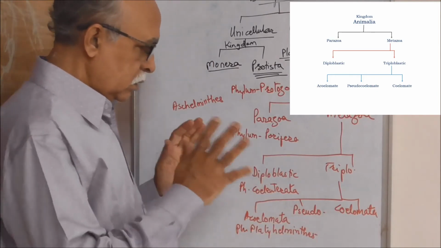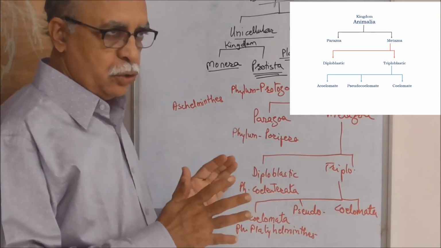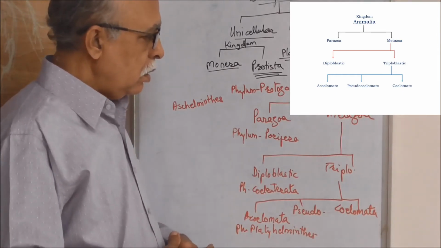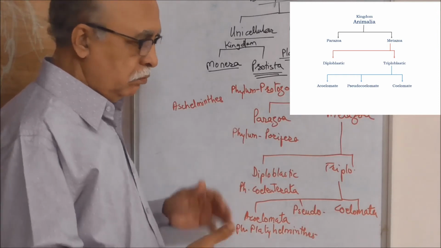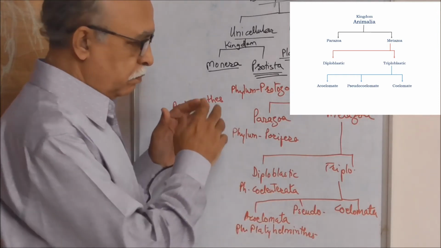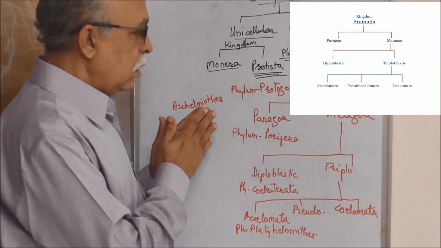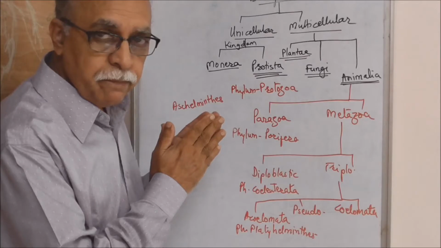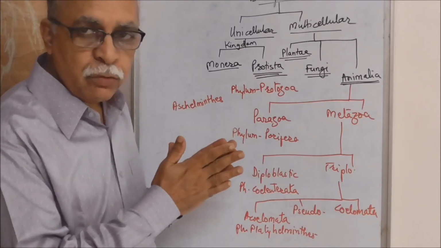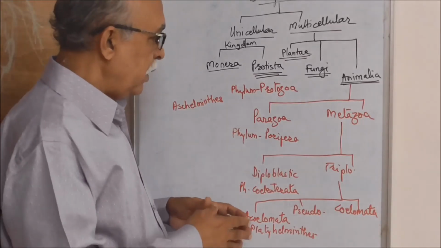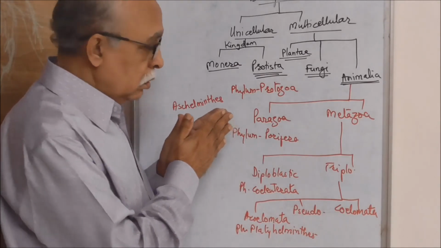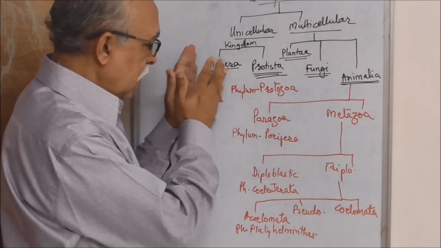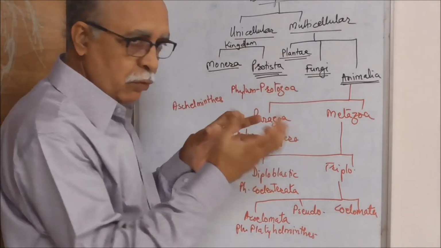So as I said, this is the whole chart showing classification of the animal kingdom. Now in the previous part, as I said, this is a five kingdom system which we are following, and this was introduced by Robert Whittaker, whereas in the two kingdom system, Monera, Plantae, Fungi would be together.